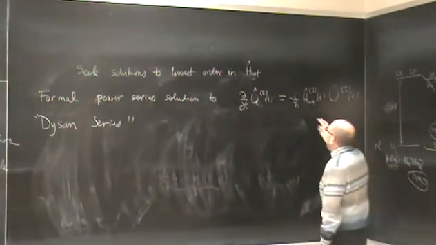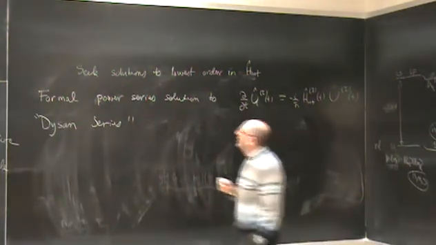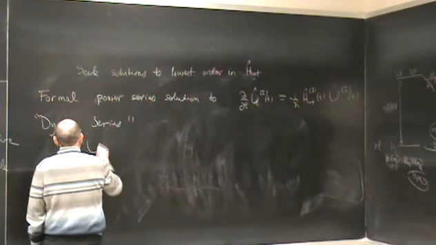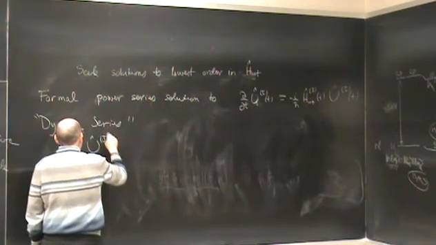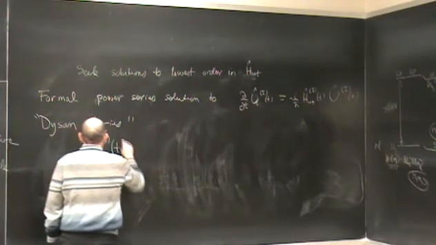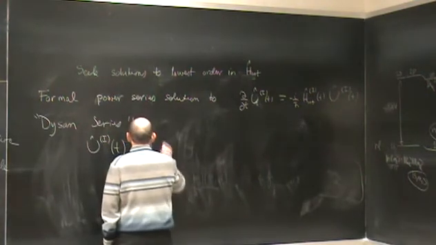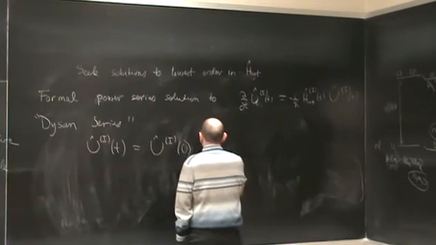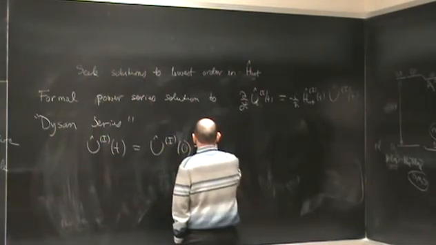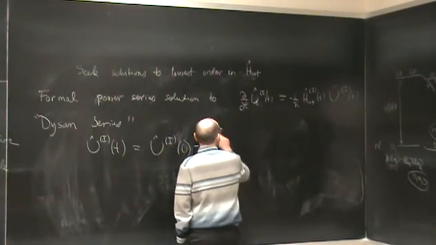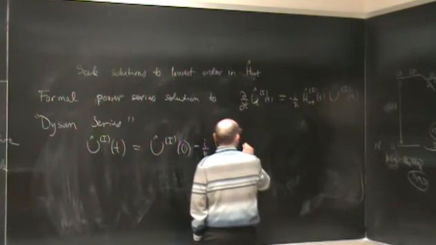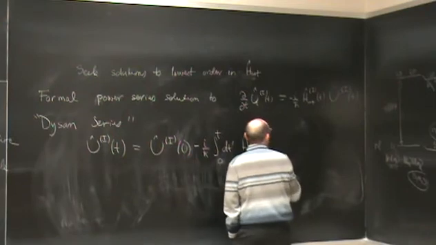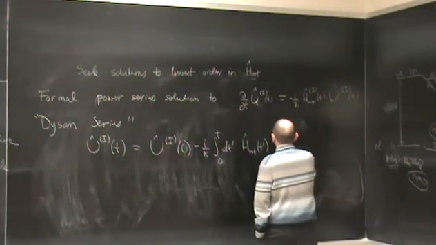So, I can just write down a formal solution here, which says that the time evolution operator u at t is equal to the boundary condition minus i over h bar times the integral from 0 to t of dt prime H_int(t prime) u(t prime).